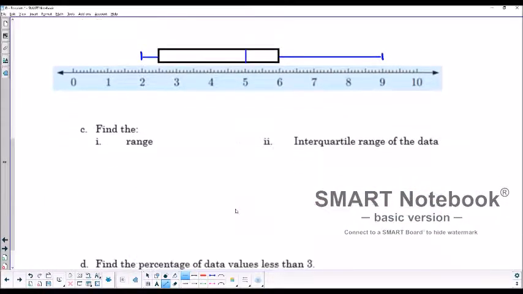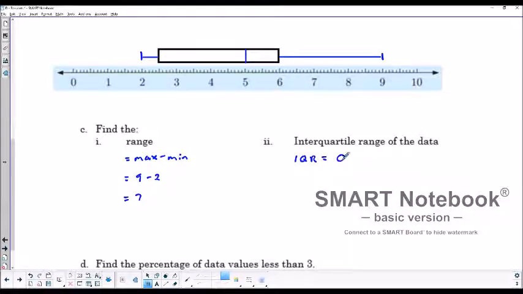We want to find the range. Well, the calculator already gave us the range, but the range is the max minus the min. And so that's 9 minus 2, which gives us 7. The interquartile range, again, we were given that already, but that's fine. We can do the calculation here.